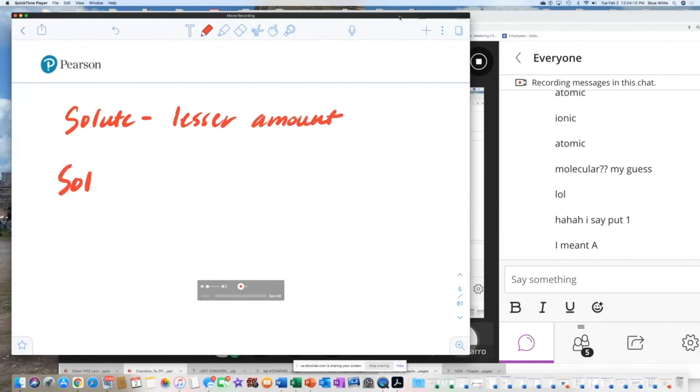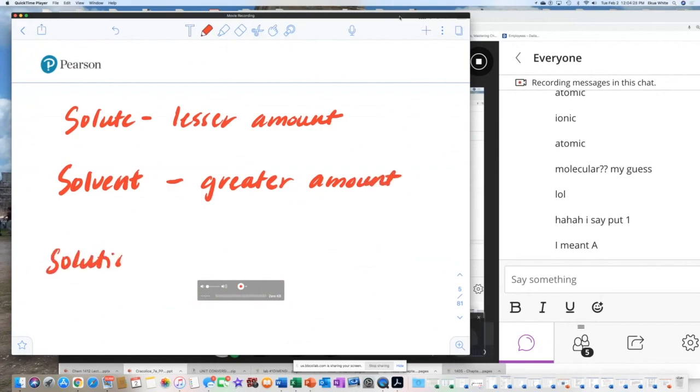You have solvent. This tends to be the greater amount. And then you have solution. Solution is usually solute plus solvent. Okay, the mixture of the two.